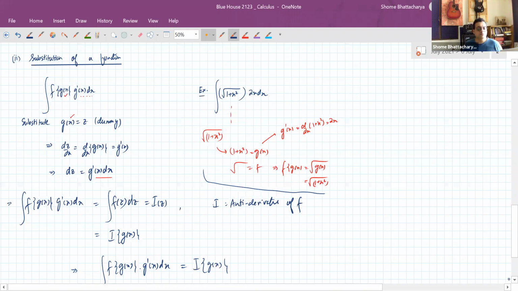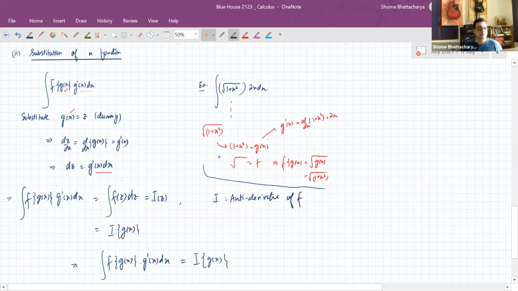So just note down this process, and then we will apply this to this example and more examples also. This example was just to understand that this is an f of gx kind of term, and this is a g prime dx kind of term. So this integration is of this type. Now we'll apply this method to this example and understand it.